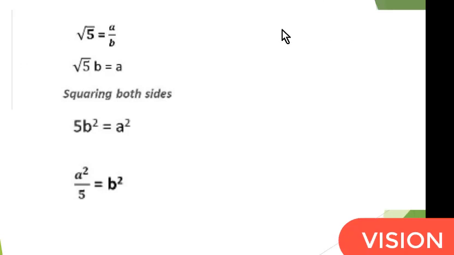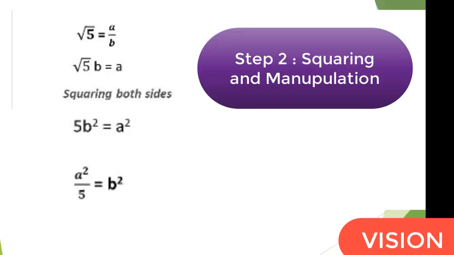Step number 2 is squaring both sides and manipulation. Now root 5 equal to a by b. Keeping a on one side, we move the other term: a equal to root 5 b. We are arranging the equation like that. In step 2, squaring on both sides, we get 5b square equal to a square.